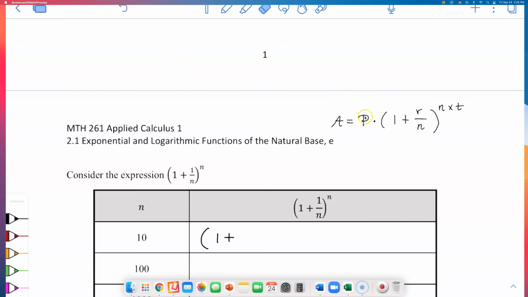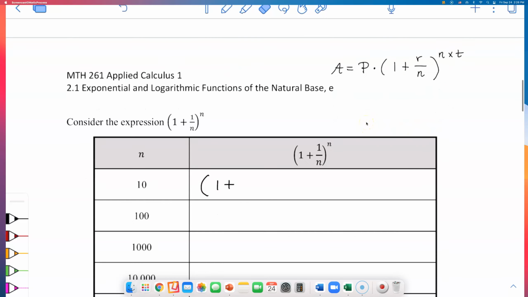Ignoring the principal, we're just trying to come up with a formula that will work for any amount of principal that we invest. Ignoring the time frame, we're not going to limit this to 5 years or 10 years, so I got rid of that t.